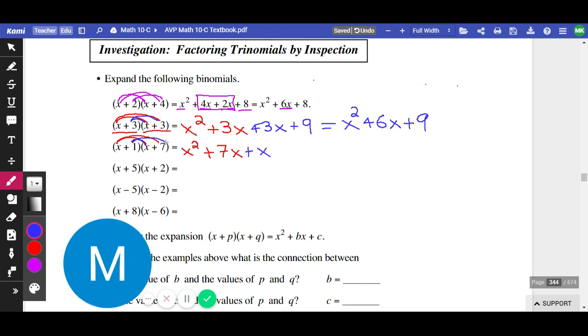And then 1 times 7 is plus 7. Again, you notice the exact same trend, right? The first term, x squared, the 2 middle terms you can combine together, right? 7x plus x is equal to 8x. And the last term is 7.